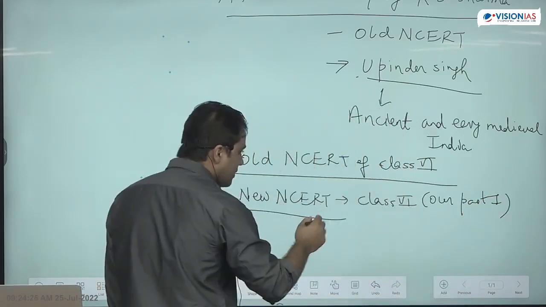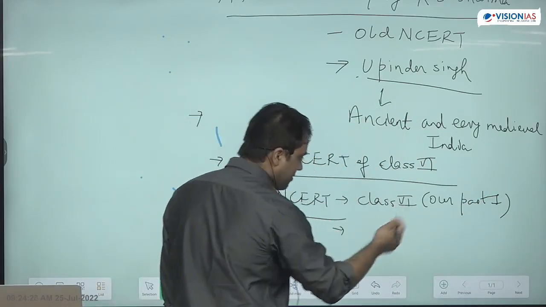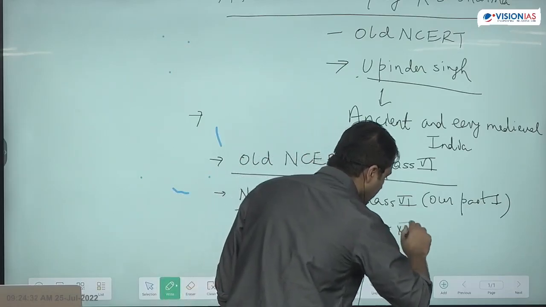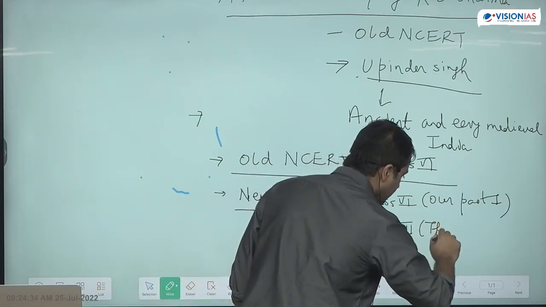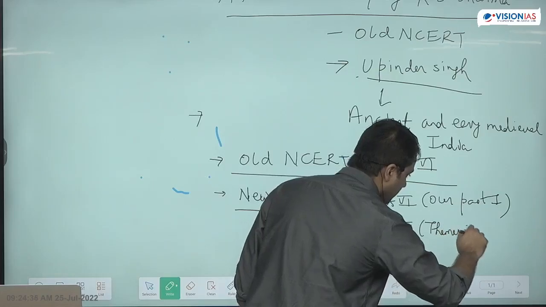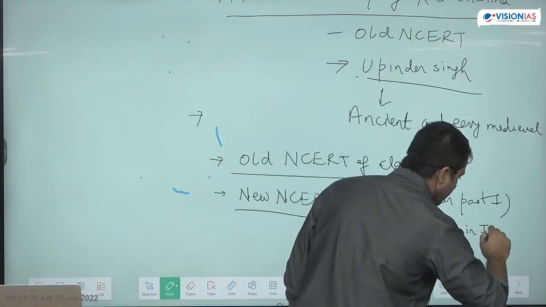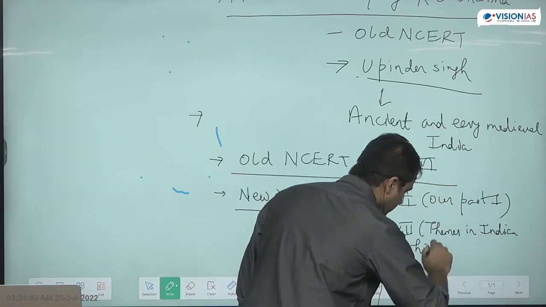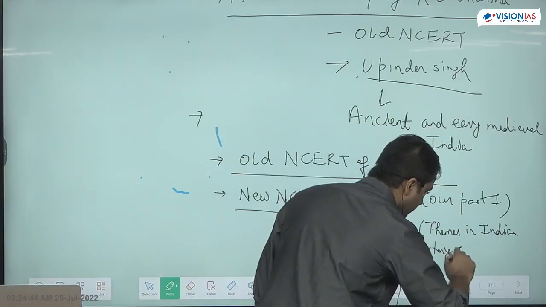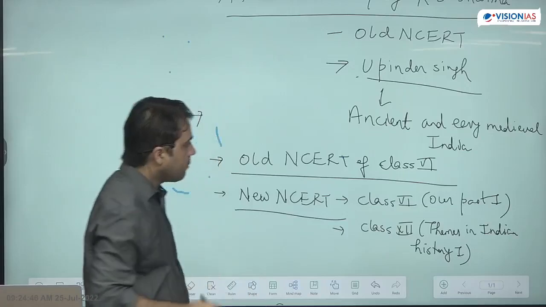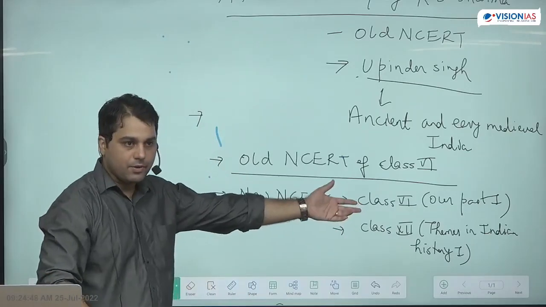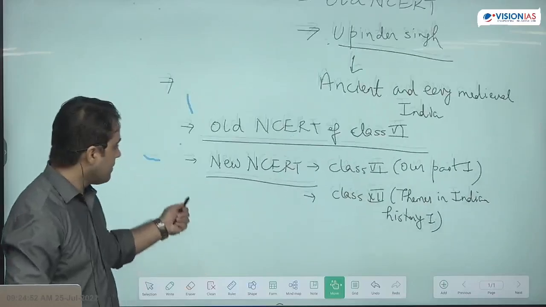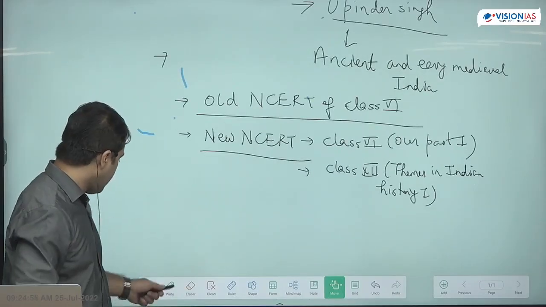Or you can also refer to class 12; in fact, try to refer to both textbooks. The class 12 book is Themes in Indian History 1. Our Pasts 1 will talk about ancient history. Themes in Indian History 1 will talk about ancient history.